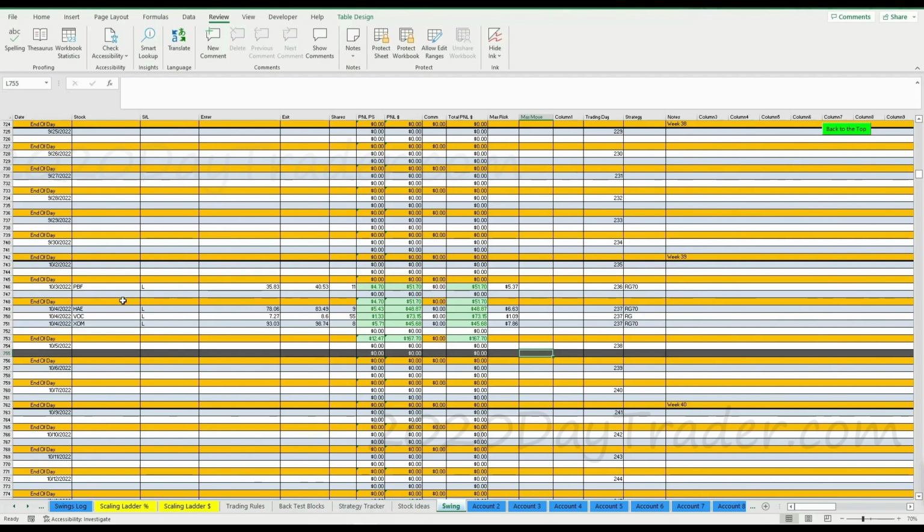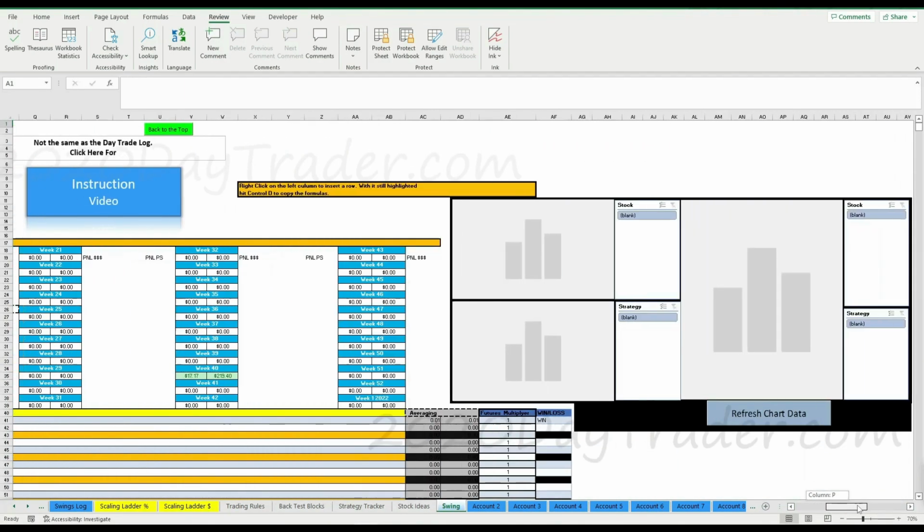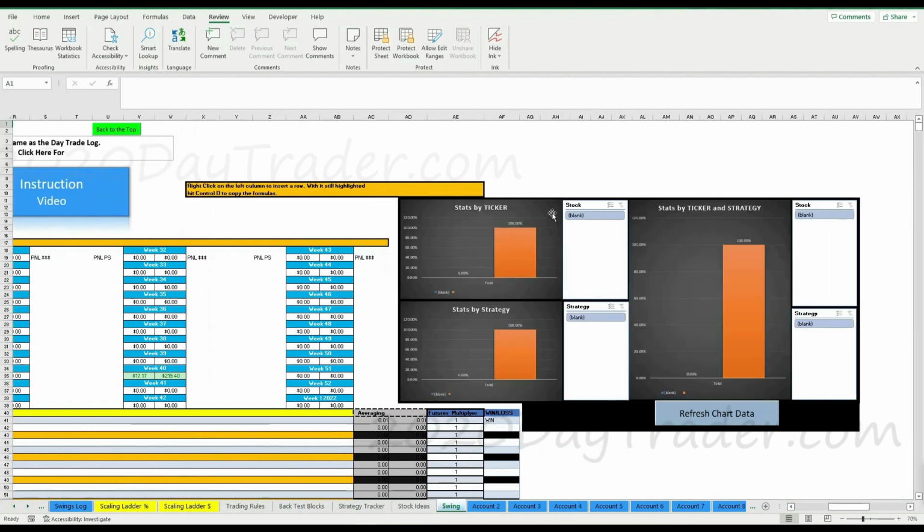So now that I'm in the log and I put all these things in, I put in the strategy that I'm using here. It's not going to show you right now, but over here is my statistics. This is going to track what's happening per ticker and per strategy and overall what I'm doing in trading.